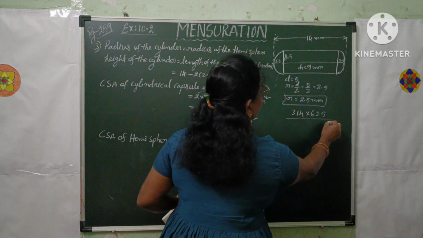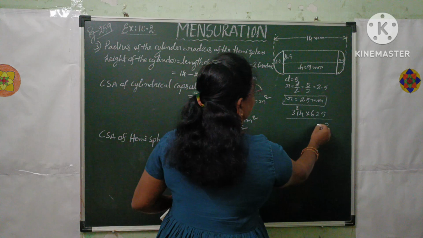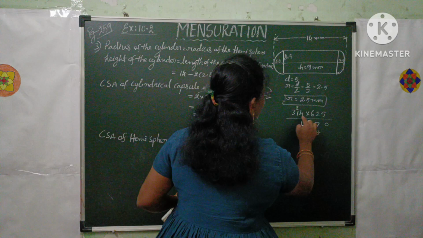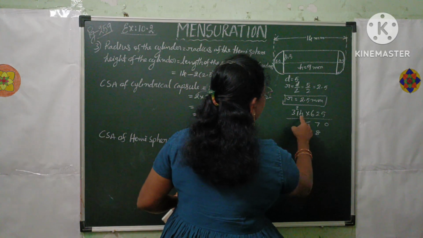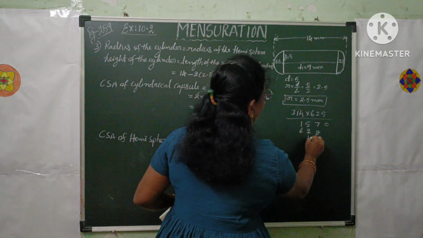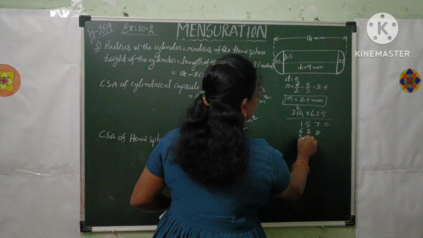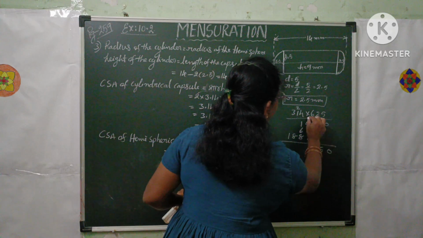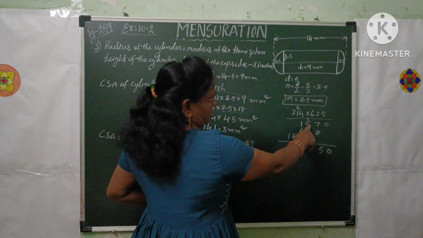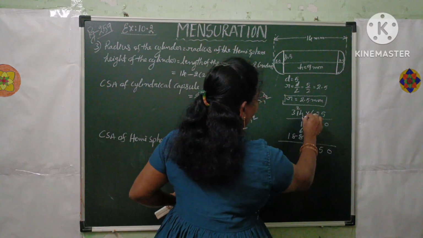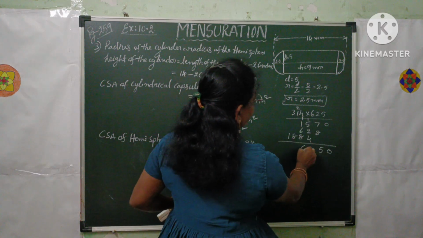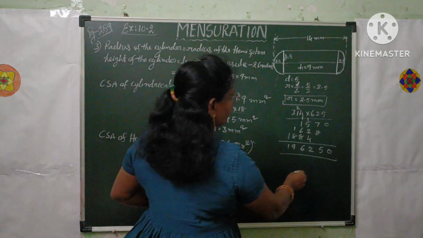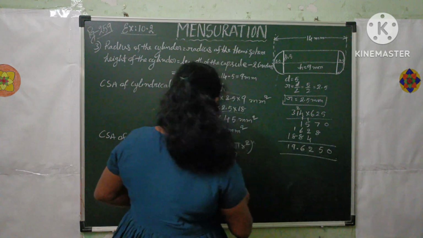That gives 19 6 2 5 0. How many decimal places? Here to here, total 4: 1 2 3 4.